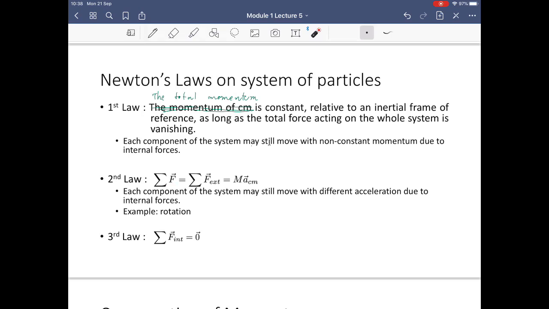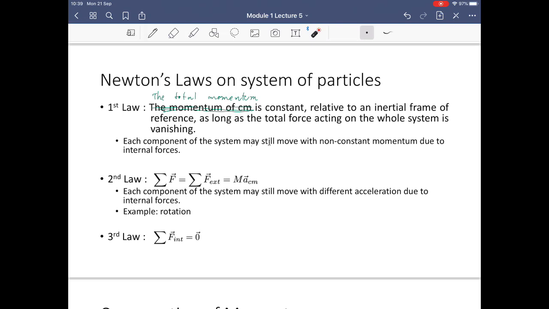And then the second law says that the total force acting on the system, it doesn't matter which particle it is acting on, you sum over, you treat the whole thing as the system. You sum every force acting on the system, and you discover that it is equal to the mass of the total system multiplied by the acceleration of the center of mass. Again, that doesn't mean that each component of the system will have the same acceleration.